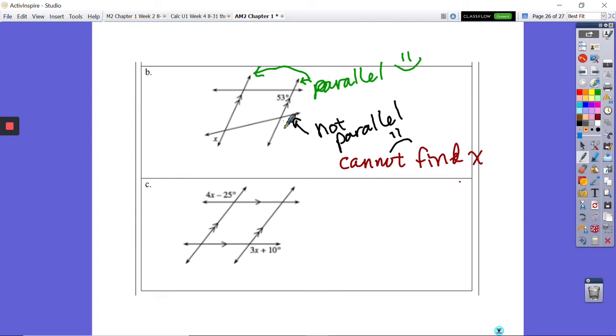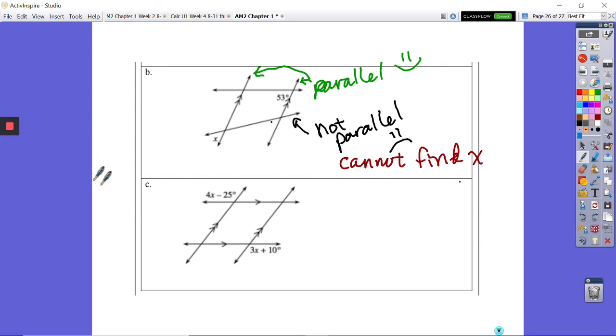But this line right here, this slanted transversal, because it cuts through two other lines, is not parallel to anything attached to 53. So I can't assume anything about this angle, and therefore I can't figure out that one. I can figure out this one, but there's no relationship with that one. So I don't have enough information.